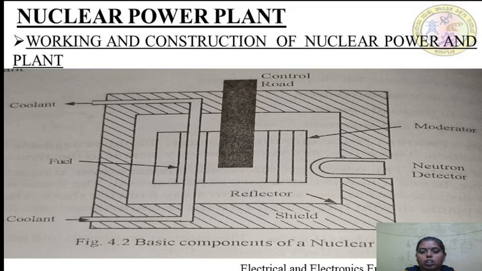Surrounding this, a moderator is constructed with a concrete construction, which will help us to reduce the speed of the neutrons during the nuclear reaction. The function of the moderator is to slow down the movement of the neutrons.